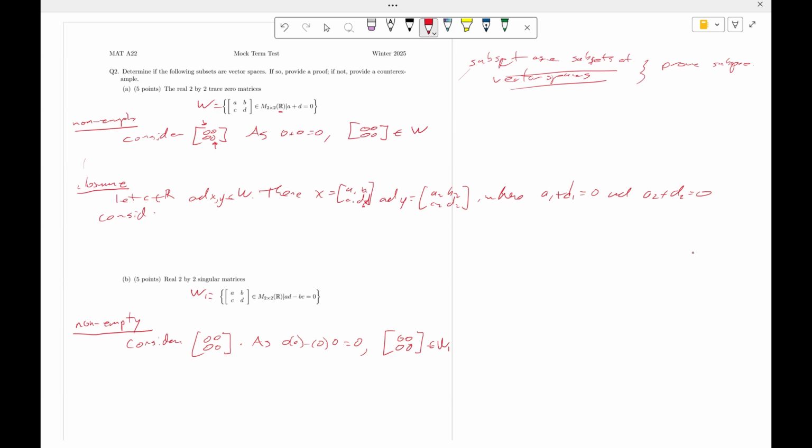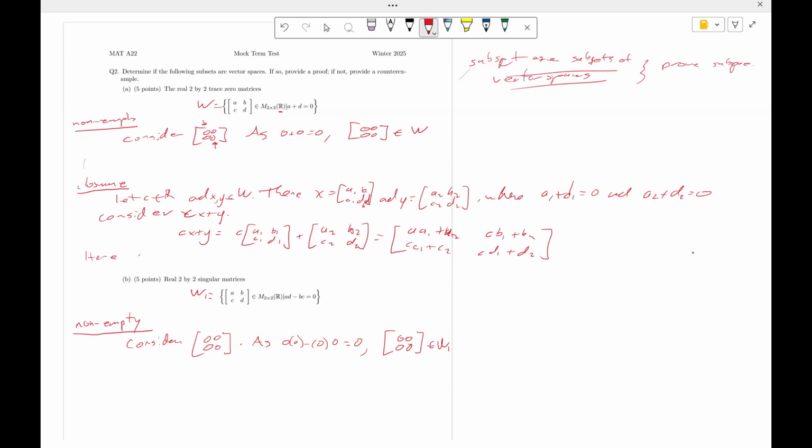Consider CX plus Y. CX plus Y equals C times A1, B1, C1, D1 plus A2, B2, C2, D2, which equals CA1 plus A2, CB1 plus B2, CC1 plus C2, and CD1 plus D2.